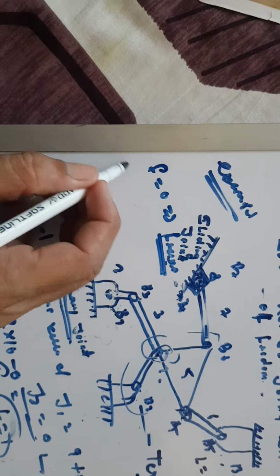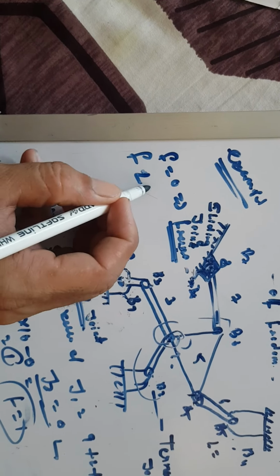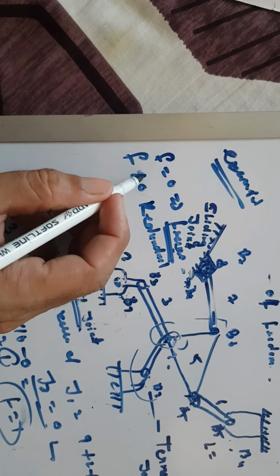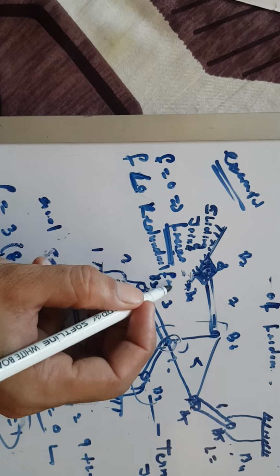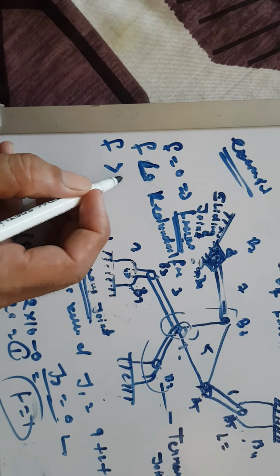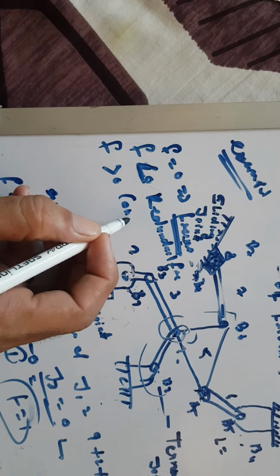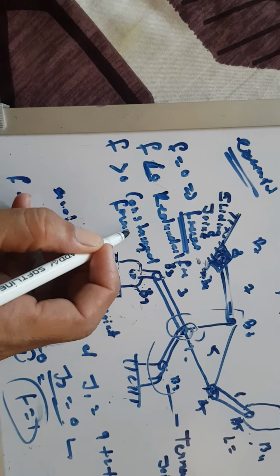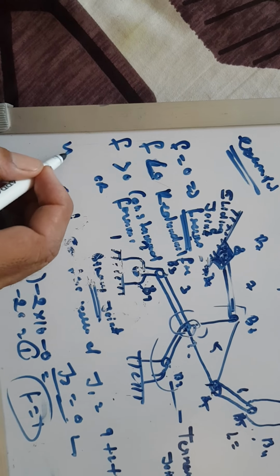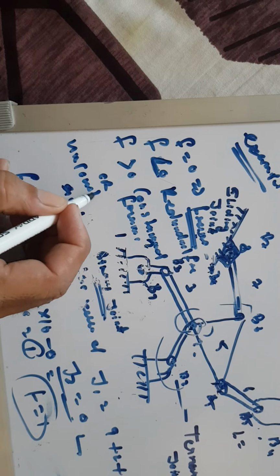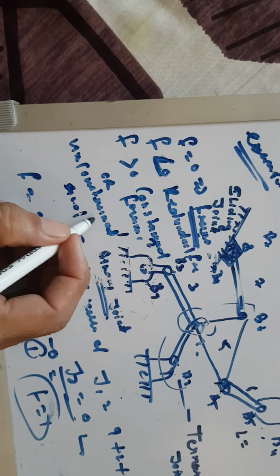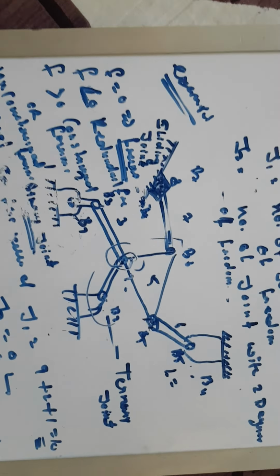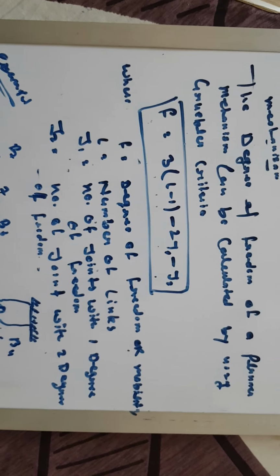And if the value of F is less than 0, it is a redundant frame. And if F is greater than 0, then it is a constant, or we can call it an unconstant frame, constant and unconstant frame. So that is the topic of the degree of freedom. I hope you have understood the topic.